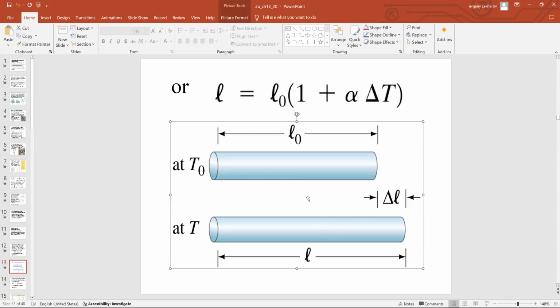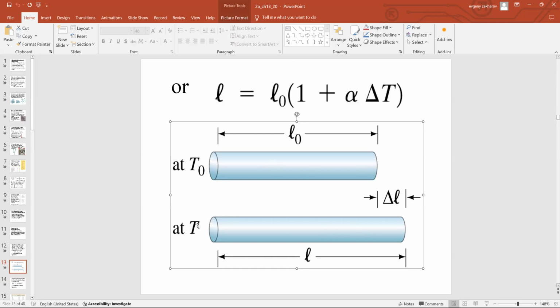Yeah, so this diagram really has it all. This is the original length, the L sub 0. The delta L is the change, the elongation, or contraction if it's the cool down process. So L is the new length or width or height. And there is a temperature change.